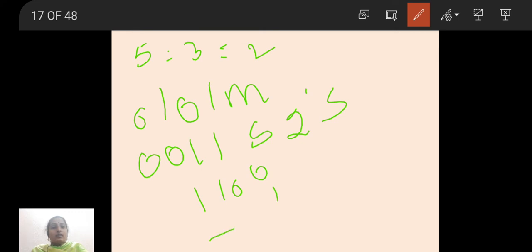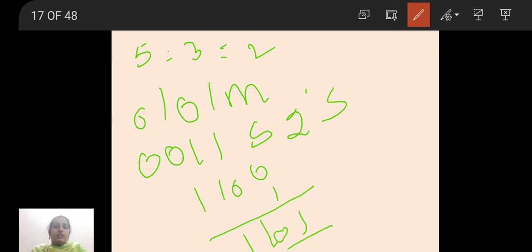So here 5 is written as 0, 1, 0, 1. 3 is written as 0, 0, 1, 1. First you should take the 1's complement. Why? Because this is the minuend, this is the subtrahend, you take the 2's complement. 2's complement means 1's complement plus 1. So we are getting the 2's complement.